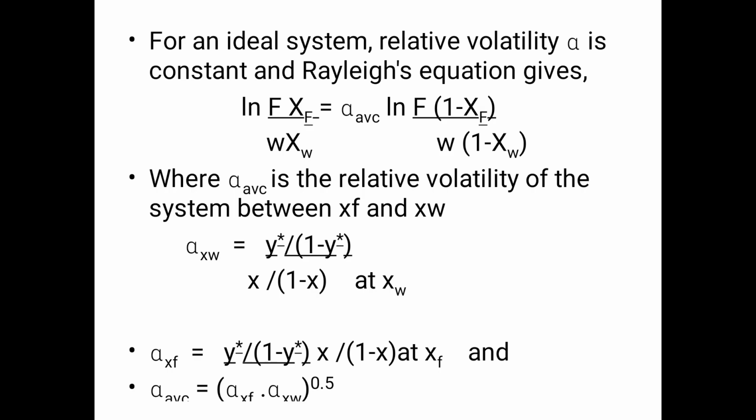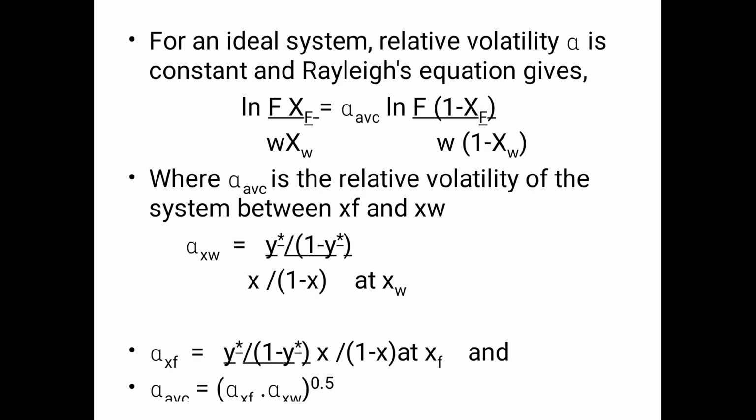For an ideal system, alpha is constant, and Rayleigh's equation gives ln of F into xF divided by W into xW. F means feed, W means residue. xF means the mole fraction of more volatile component present in feed, and xW means the mole fraction of more volatile component present in residue.